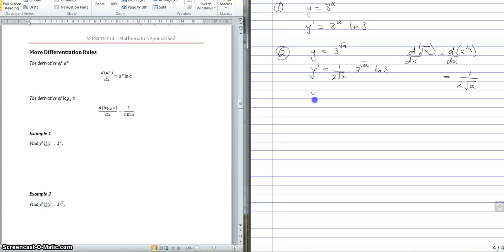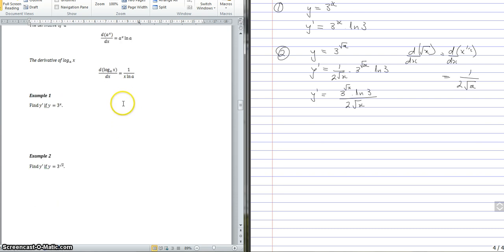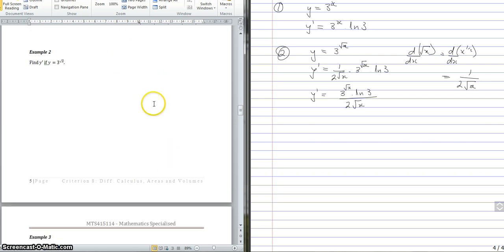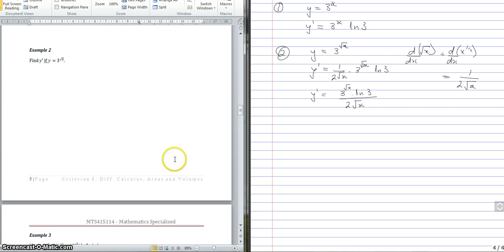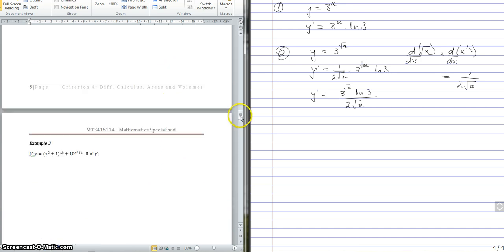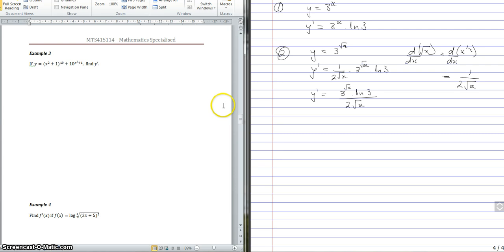Then if we put that together, the derivative dy dx is equal to 3 to the power of x times log of 3 all over 2 root x. So that's our second example.